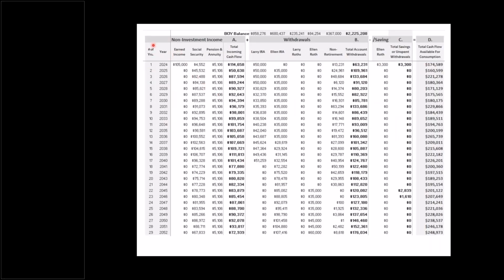So if we're going to look at this over their lifetime, this is a lot of numbers on one spreadsheet, but what we're seeing here are the Social Security and the pension, and Section A gives us all of what we'll call normal income, what most of us think of as income coming in. Next, we add to it all of the withdrawals, gross withdrawals.